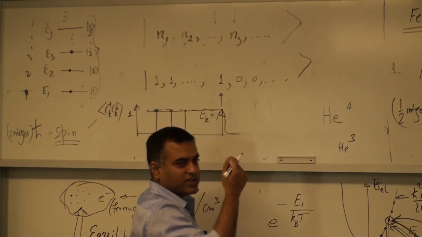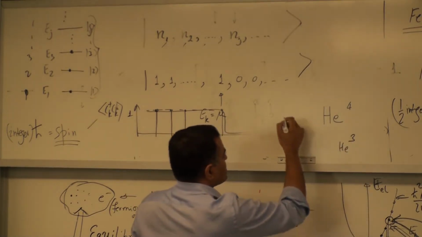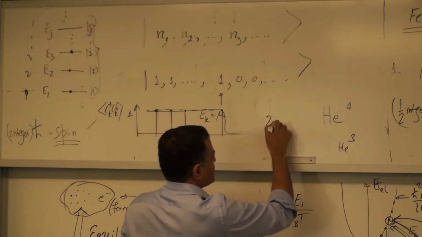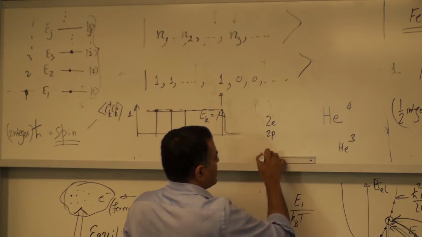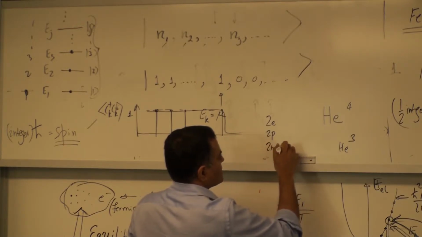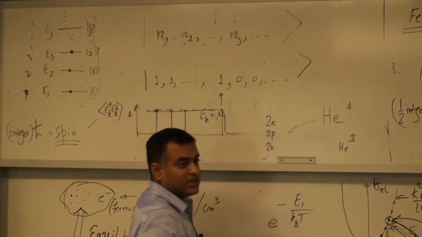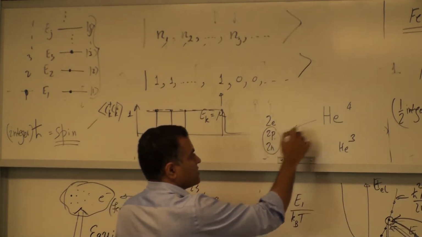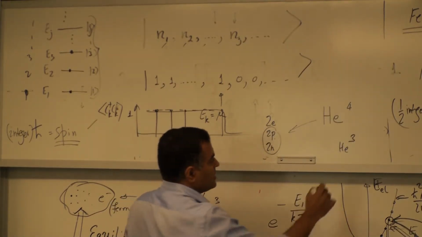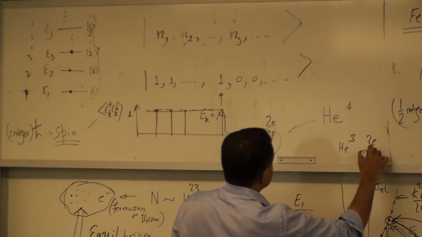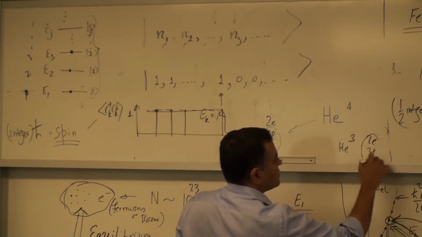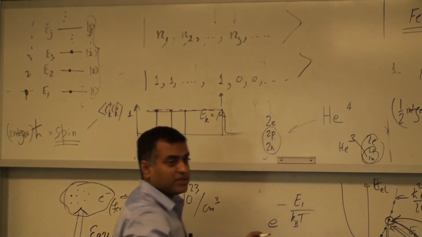Helium-4 has 2 electrons, 2 protons, and 2 neutrons, which gives you an atomic mass of 4. Whereas helium-3 has 2 electrons, 2 protons, and 1 neutron. So that gives you 3.